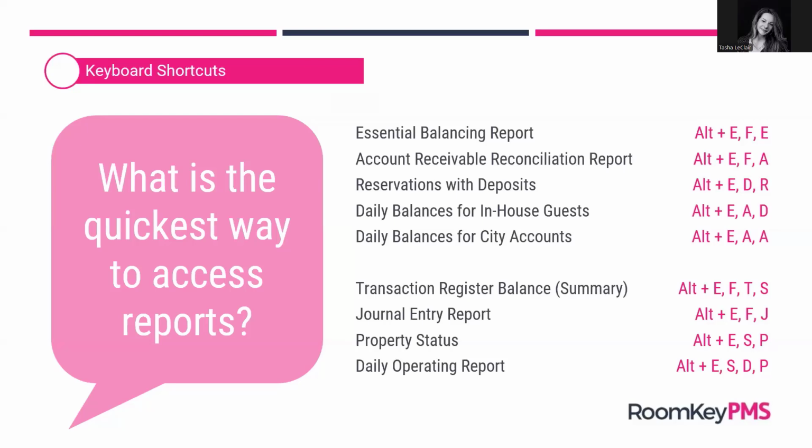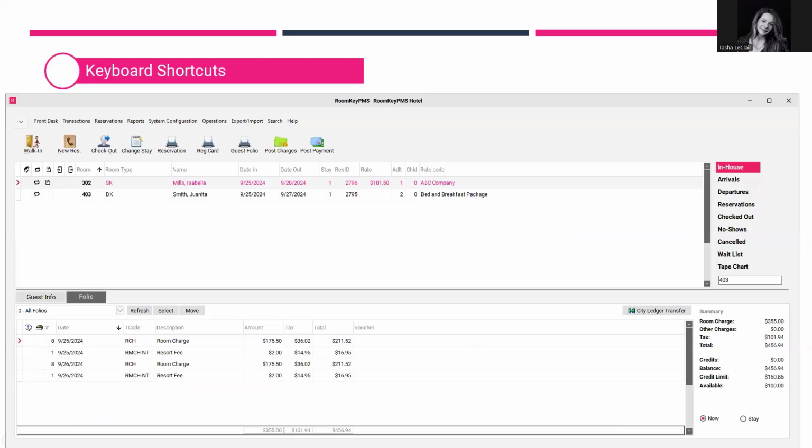So that's it for our keyboard shortcuts. You may experiment with these quite a bit if you wanted to access more reporting or more operational tasks. It's very flexible, like I said, using the Alt key to access the different menus along the top and your directional keys as well.